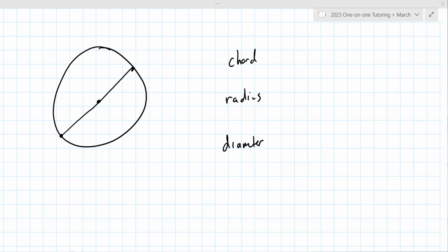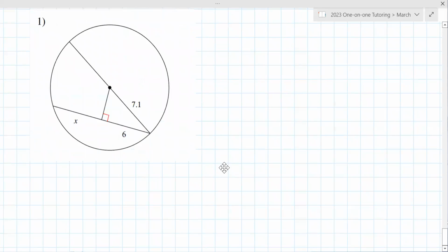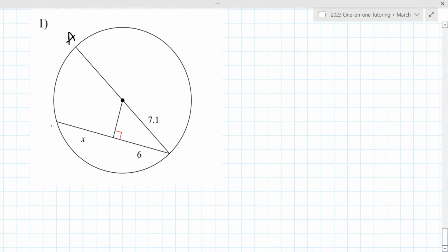Good. Okay, so let's try one problem where I first ask you to identify a couple of things, then we'll do the numerical calculations. Let's say this is A, B, C, D, and E. Give me a chord, a radius, and a diameter.